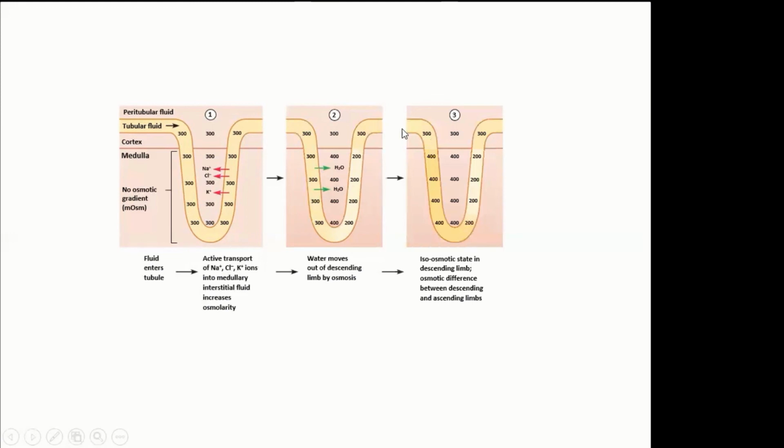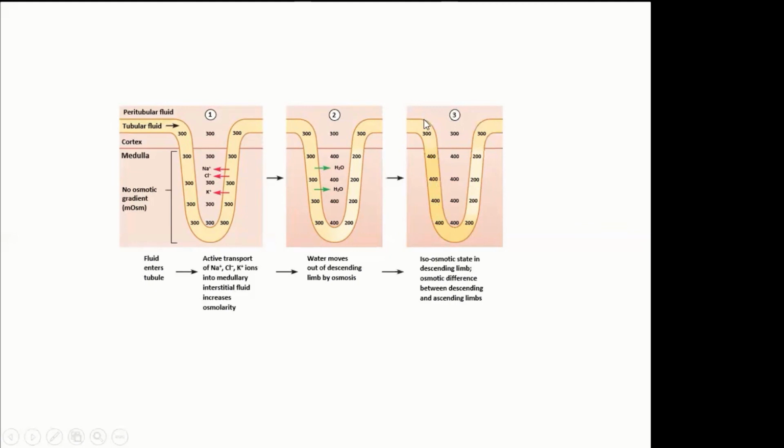Okay. So after that reabsorption happens, this means that we have shifting in water until the tubular fluid in that descending limb reaches equilibrium with the medulla. So we moved our solutes into the medulla to get it to 400. Then we had water move because the tubular fluid was at 300. So it moves until the fluid in the descending limb is also at 400.